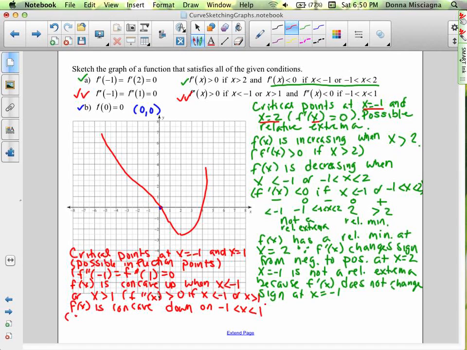Because f double prime of x is less than 0 when x is between -1 and 1.